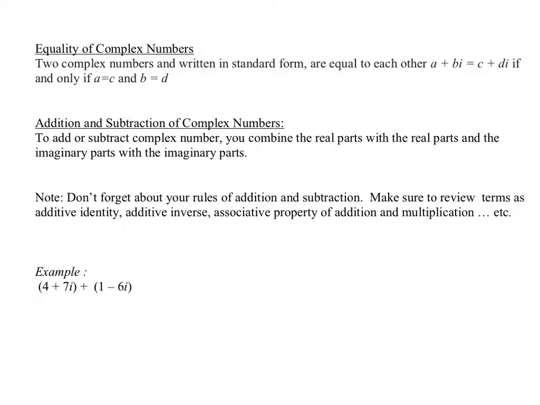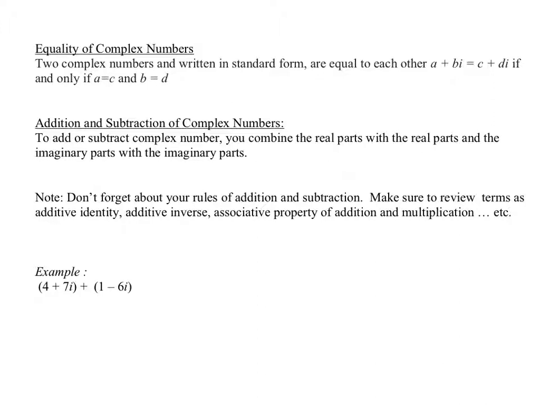To add or subtract complex numbers, you combine the real parts with the real parts and the imaginary parts with the imaginary parts. It's sort of like combining like terms. Now, don't forget about the rules of addition and subtraction. Make sure to review terms such as additive identity, additive inverse, associative property of addition and multiplication, etc.